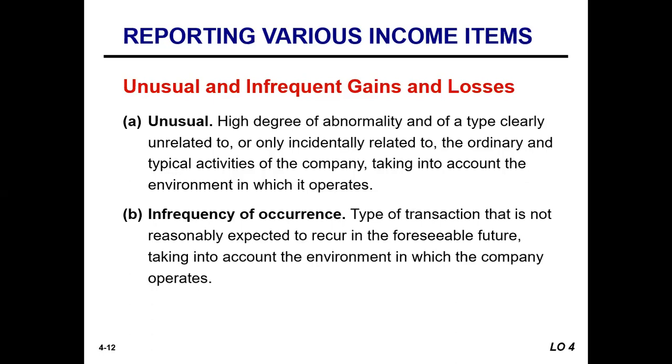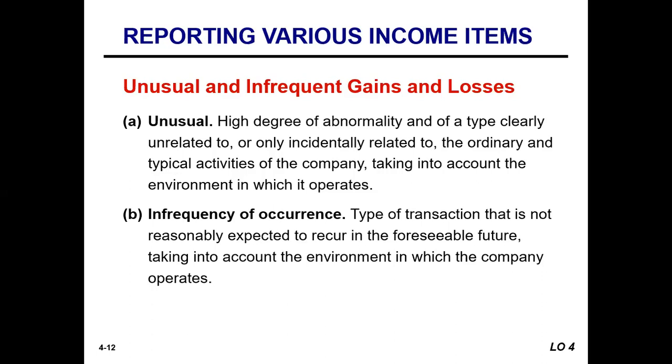Or if we had a loss on it, that would be an infrequent loss. It's not included in our normal business activities, but peripheral or only incidentally related to our normal business activities, right? And then infrequency of occurrence, again, a type of transaction that is not reasonably expected to recur in the foreseeable future.